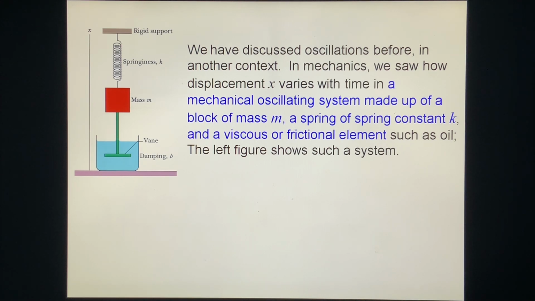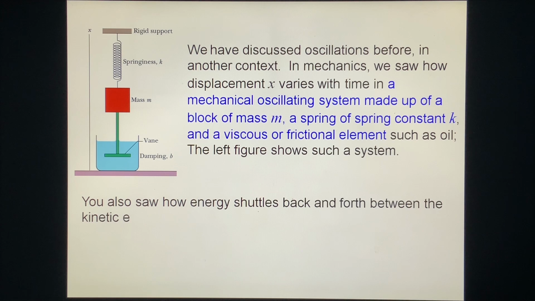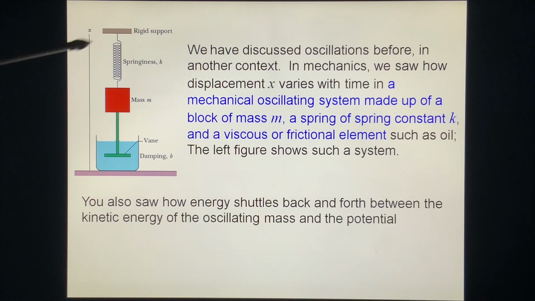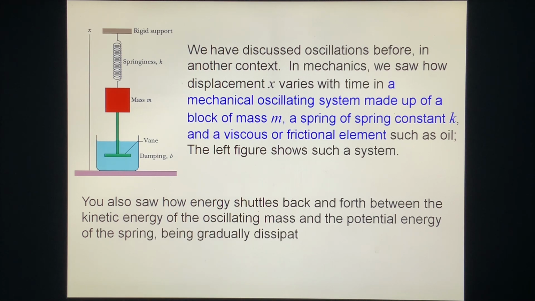The latter figure shows such a system. You also saw how energy shuttled back and forth between kinetic energy of the oscillating mass and the potential energy of the spring, being gradually dissipated while the oscillations continue as thermal energy.